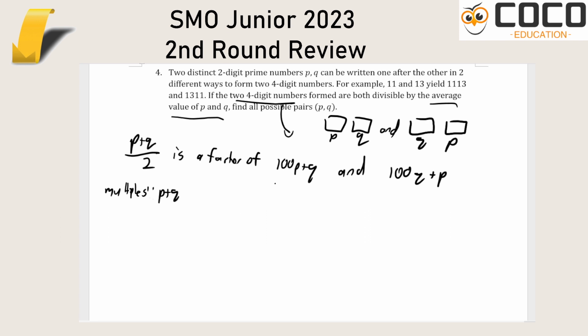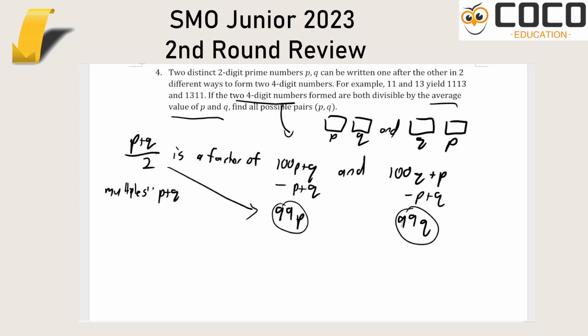And so if I subtract it off from both of these, 99P and 99Q would also be multiples of (P+Q)/2. Now that means some parts of (P+Q)/2 could have come from the 99 and some parts of it could have come from the P or Q.